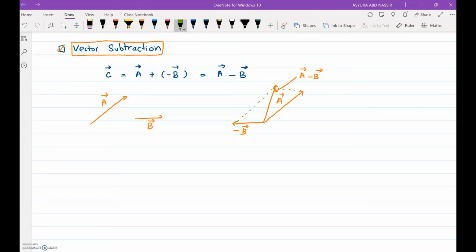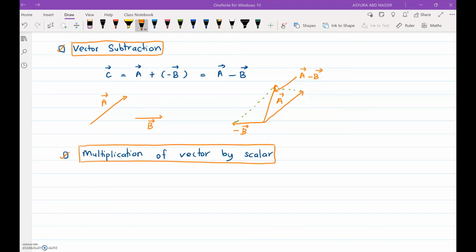Next we have multiplication of a vector by a scalar. Let's say we have a vector A here, and then we have another vector here, half of A. So we say that this new vector is 1/2 A. If we have, let's say, 2 times the vector A, then it is 2A.